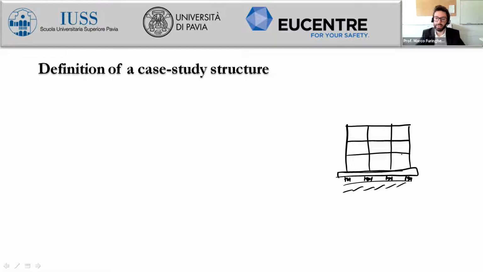This is the lateral view of our building. We have 3.2 meters for interstory height. Let's consider this distance as the distance between the centroidal lines of all the floors, and this is 3.2 meters.